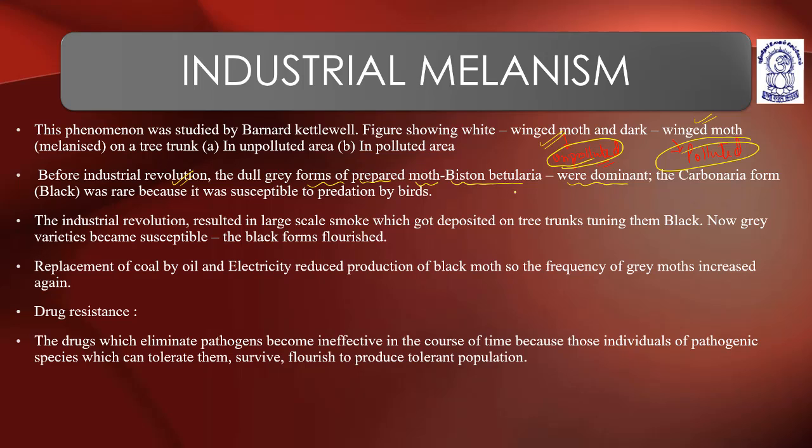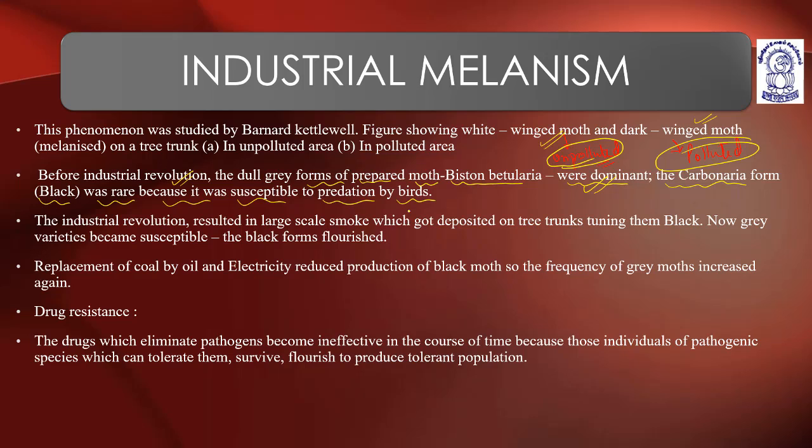The carbonaria form, which was black, was rare because it was susceptible to predation by birds. As it was dark, predators could easily spot the prey, and they would come to attack and prey upon those moths.